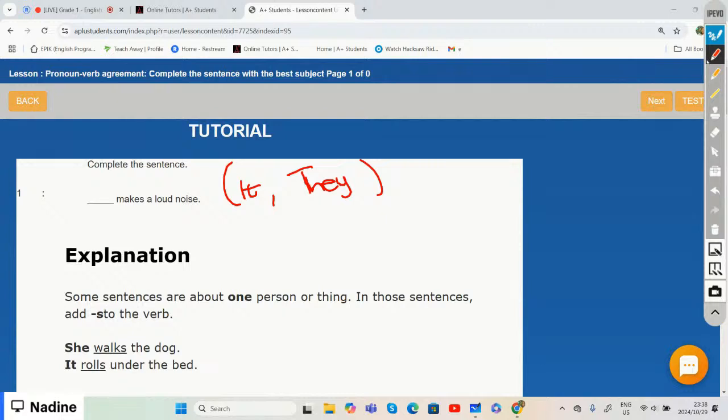All right. So do we say it makes a loud noise, or do we say they make a loud noise? Which one is correct? It refers to one thing, and our verb ends with an s.